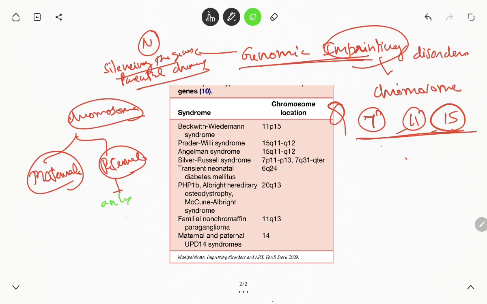Normally your maternal copy will be silenced, it will be imprinted, in other words it will be inactive. So what happens in Beckwith-Wiedemann syndrome?